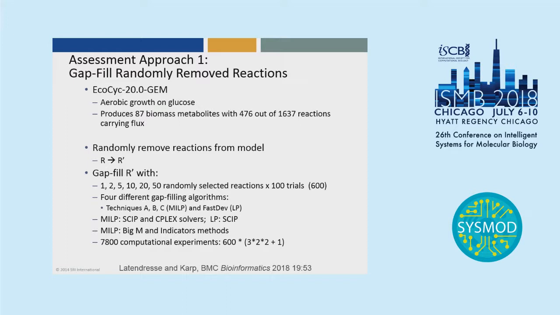That's also described in more detail in the paper. And so 3 gap filling techniques times 2 solvers times 2 MILP formulations is 12 combinations, plus the LP formulation is 1 more, so 13 times 600 gives our 7,800 experiments that we did.